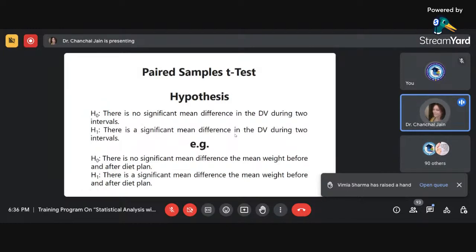For example, we want to compare the weight of a particular group of people who are opting for a diet plan. Suppose we write there is no significant mean difference in the weight before and after the diet plan. I think I have written mean twice, you need to skip one of them. Alternatively, you can write there is a significant mean difference in the weight before and after the diet plan. That way, you can write your hypothesis in case of the paired samples t-test.